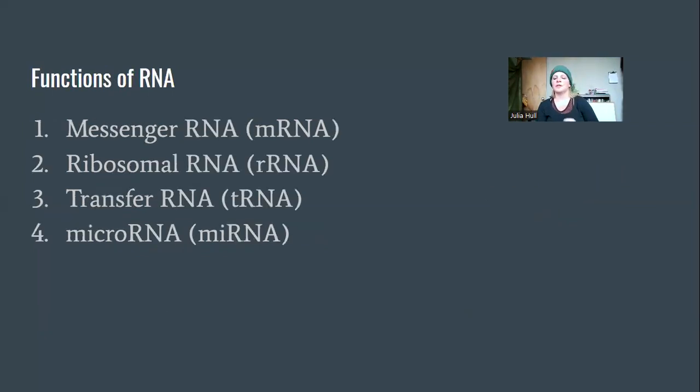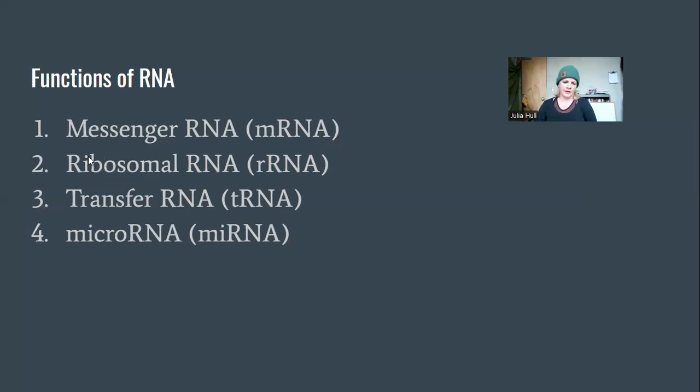RNA, like I said at the top, has lots of different kinds of jobs, and we'll go quickly through each of these. So I already talked about messenger RNA, mRNA, a little bit. That kind of stuff has been in the news lately. So now you can go and tell your family about this and why COVID vaccines can't change your genetic material, because that's not what RNA does.